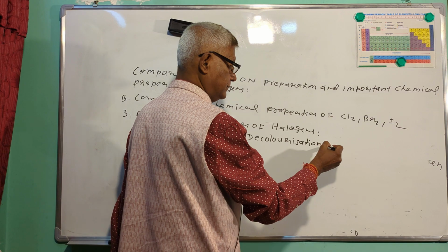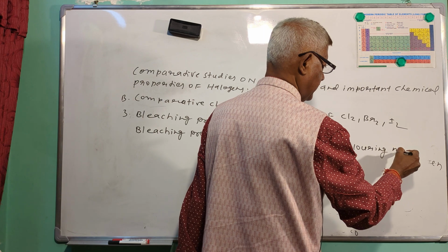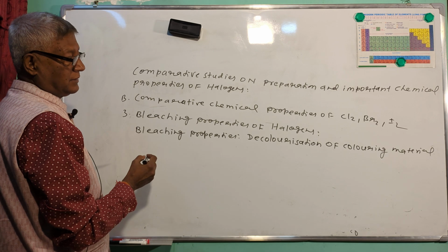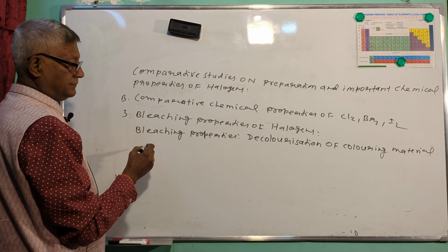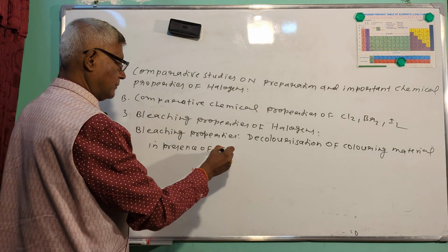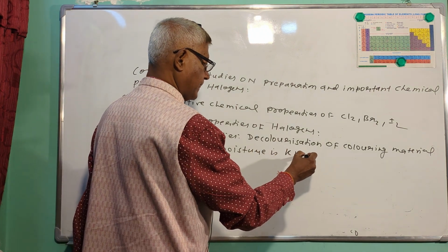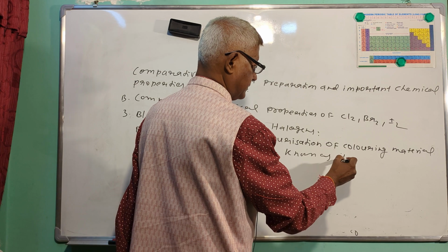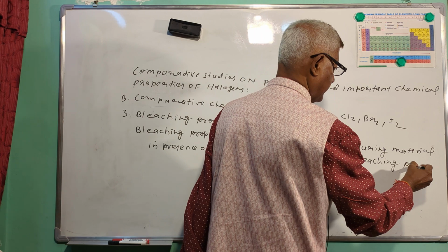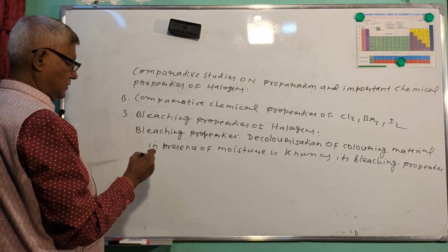Decolorization of a colored material in the presence of moisture is known as bleaching properties.